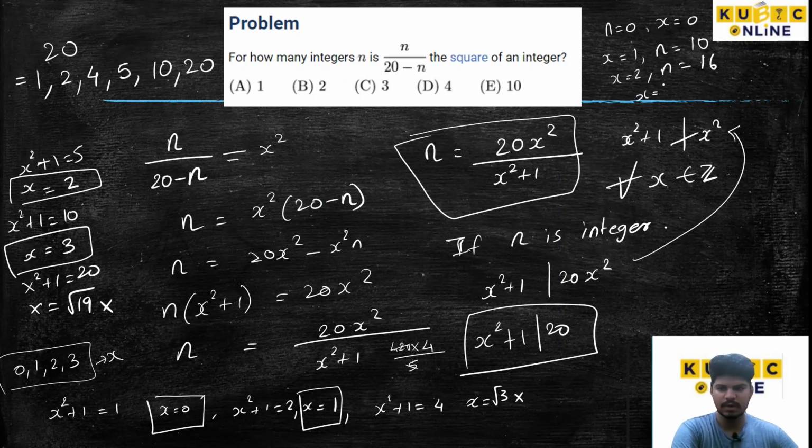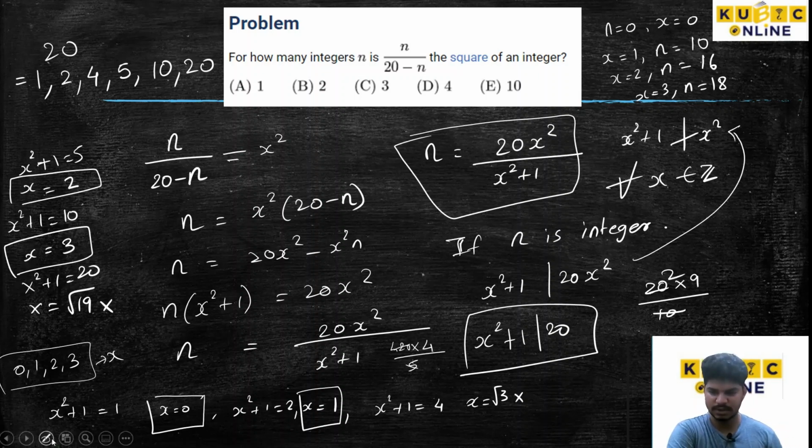Then x is equal to 3, we have n is equal to 20 into 9 by 10, so 18. So how many integers? 4 integers. So our answer is 4. When n is equal to 0, 10, 16, 18, that time it is the square of an integer.